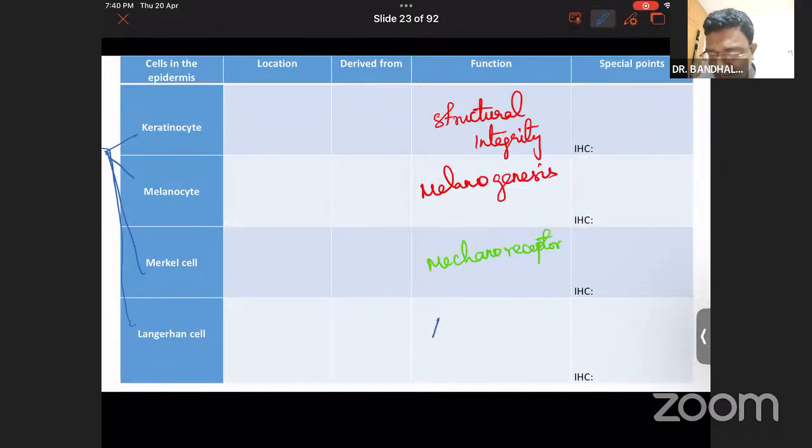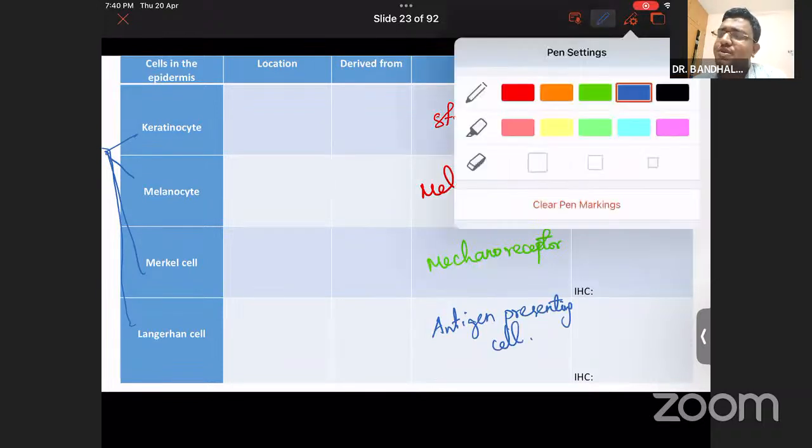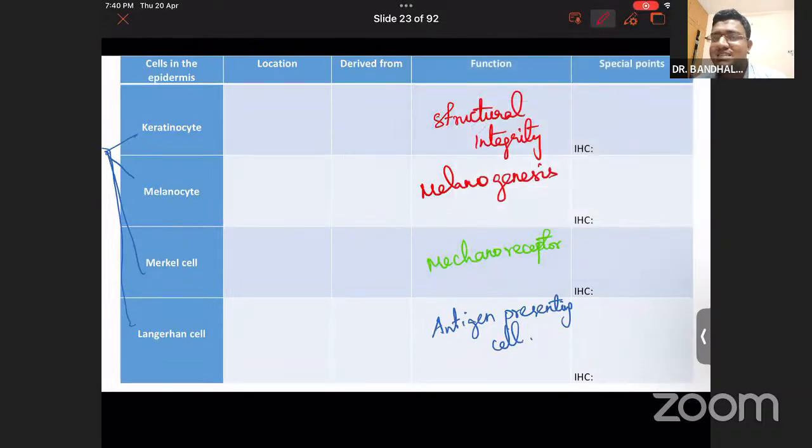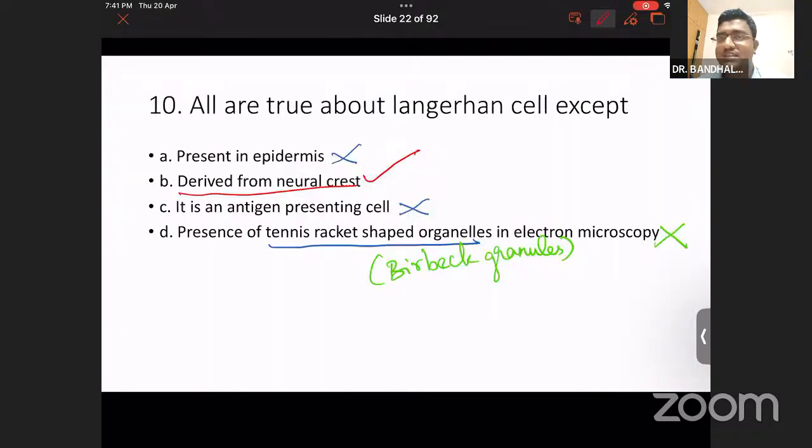Langerhans cell is an antigen presenting cell. You know, antigen presenting cells are basically involved in immunity, na? So immune cells like WBCs, RBCs, those hematopoietic cells are derived from bone marrow. So the wrong answer here is it is derived from neural crest.